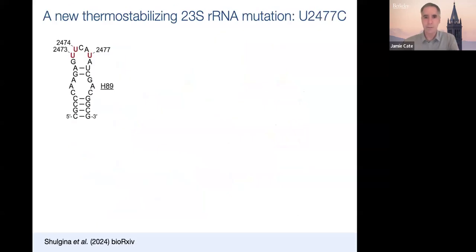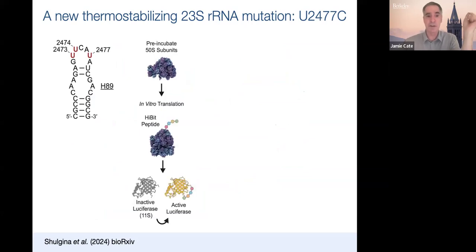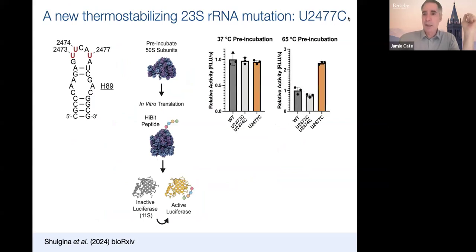Very quickly, I want to give you one of the mutations that the model output that we should consider: U2477, which we mutated to a C. Again, we used the same in vitro biochemical assay I told you about before, and we could show that the 2477C mutation was fine with ribosomes that we purified from cells, but with a 65-degree pre-incubation, it retained more activity than the wild type.